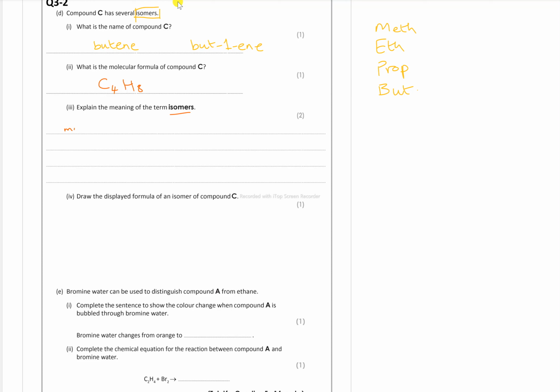Isomer: a molecule with the same molecular formula and different structural formula.